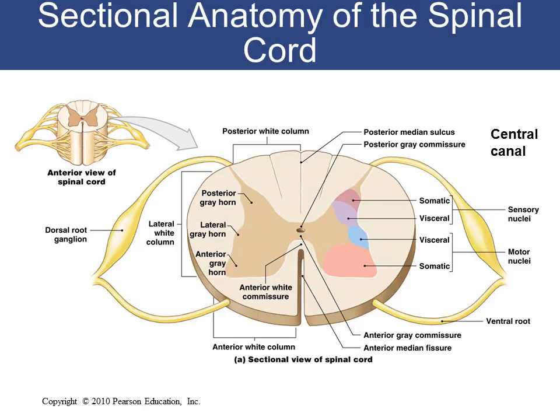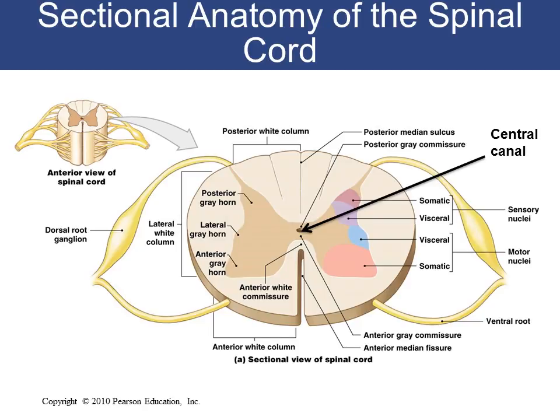Sectional anatomy of the spinal cord. This is a diagram showing the cross section of the spinal cord, and the spinal cord has a flat structure both front and back, and is oval in shape. The spinal cord has a central portion called the central canal, and it is through this central canal that the cerebrospinal fluid flows in the spinal cord.